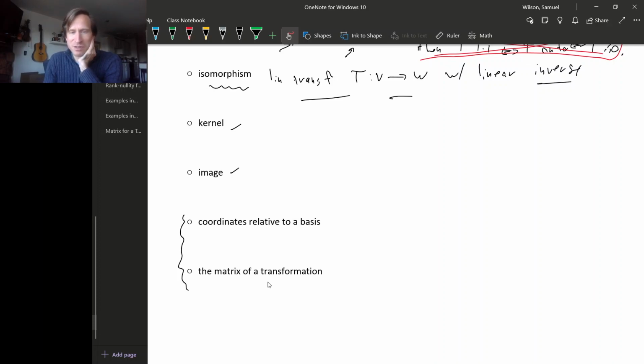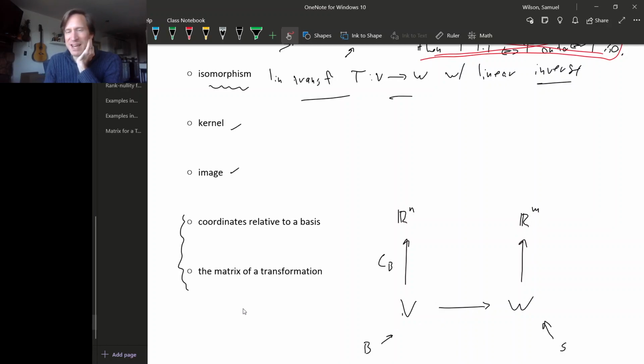Remember, the idea with the matrix of a transformation was if you have a linear transformation like this, and you have some basis for V, and you have some basis, I guess I'll call it S, for W, then we have this coordinate map to some Rn, and we have this coordinate map to some Rm.